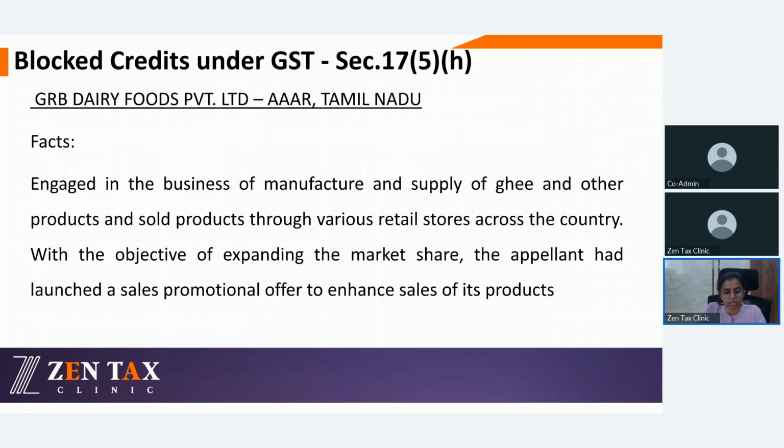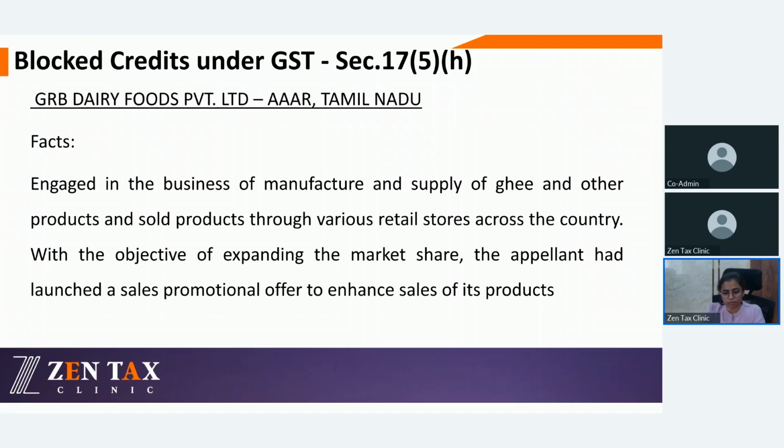So if you see, there is another advance ruling from Tamil Nadu, that is GRB Dairy Foods. As you all know, GRB is generally engaged in the manufacturing and supply of ghee and related products. They have various retail stores across the country. They wanted to expand their market share, and thus they launched a sales promotional offer to enhance their products. As we've seen in the earlier case, the same comes here as well.